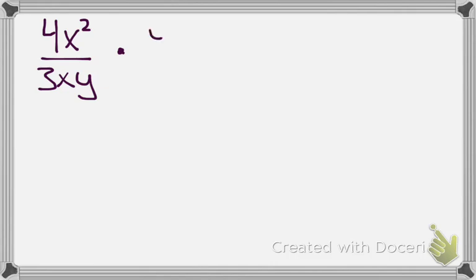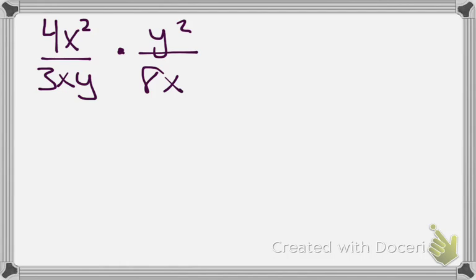So if I look at my first example, we'll go 4x squared over 3xy, and that's going to be multiplied by y squared over 8x. There's basically two ways we can do this.